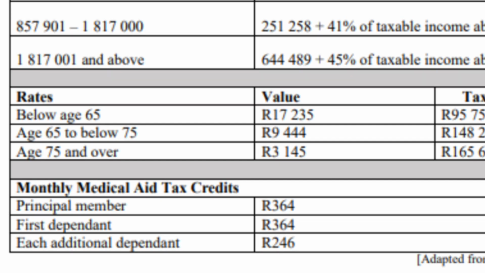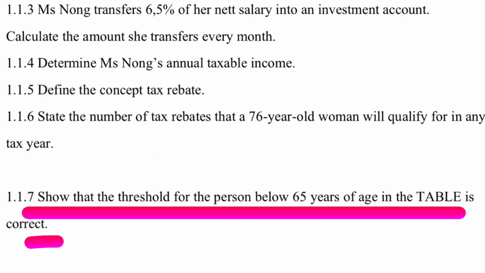The person age 65 to below 75 will qualify for two tax rebates, the one below 65 and from 65 to 75. And someone who is 75 and over will qualify for all three tax rebates. You'll add them up. Okay, but in this case, the question only wants to know how many, and that is three tax rebates.